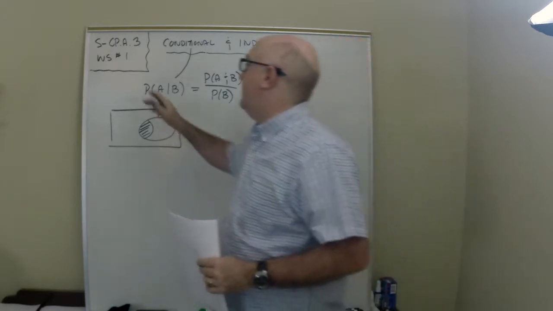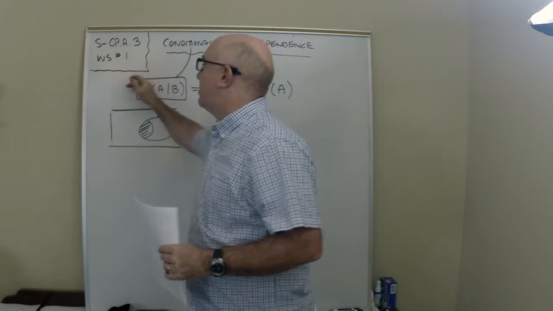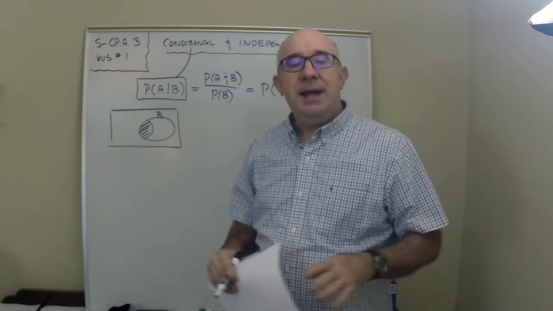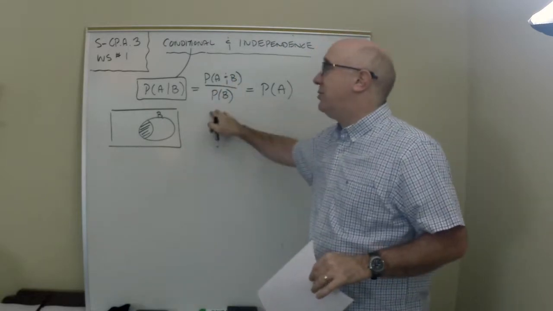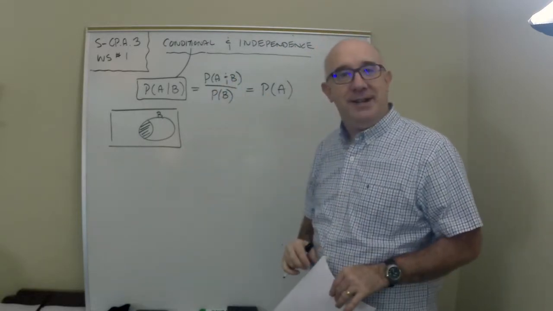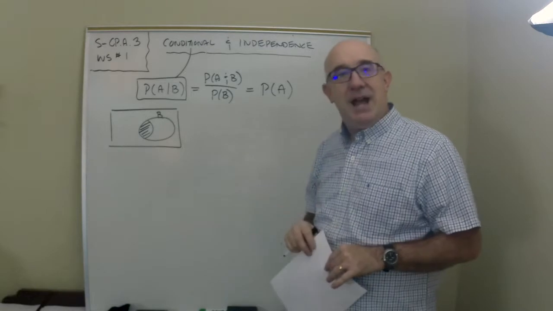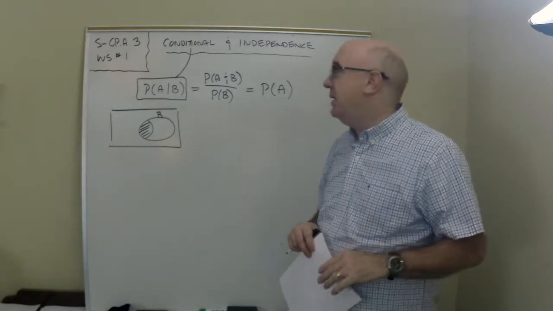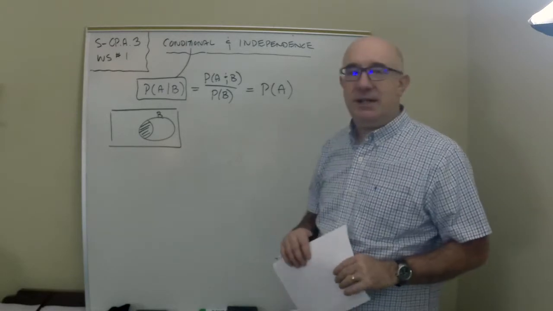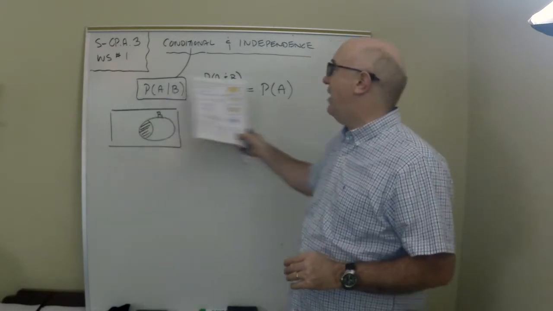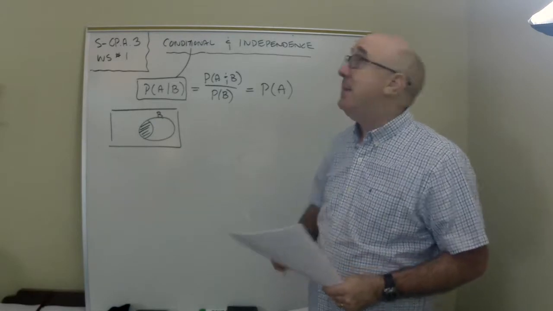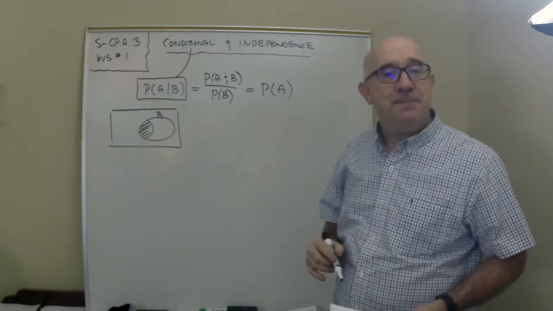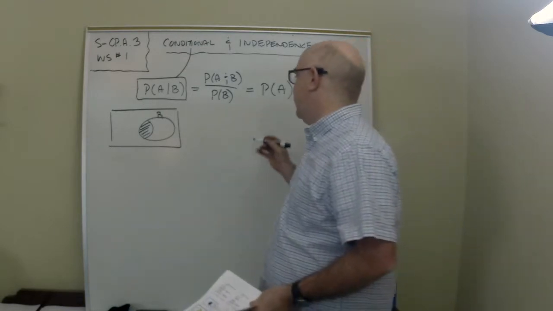If your conditional probability, B has taken place, has happened, and if that simplifies out to be the original probability, then actually they were independent. B didn't impact at all. Now that isn't always the case. Obviously, sometimes this value does not equal the probability of A. But if it does, that actually would mean that they were independent. This is a second test of independence.